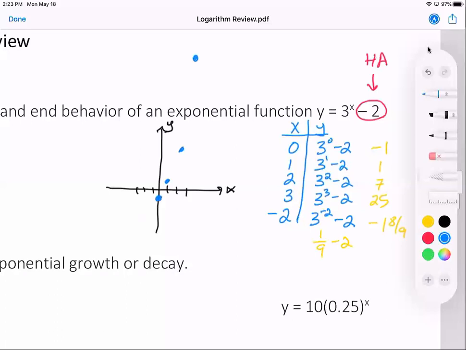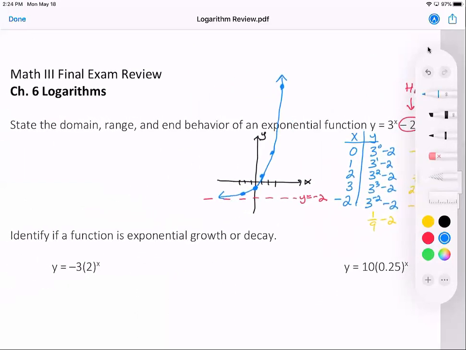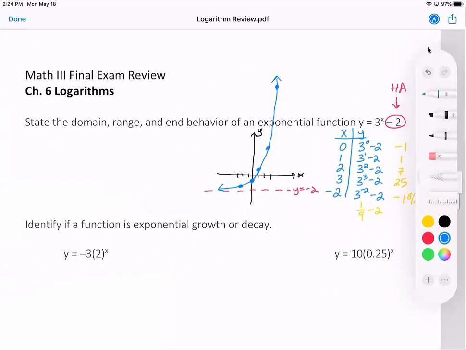So if we go over to negative 2 on the x-axis and go down, we'd be right about here. So there's going to be a horizontal asymptote at y equals negative 2. So your graph's going to look like this. Like so.